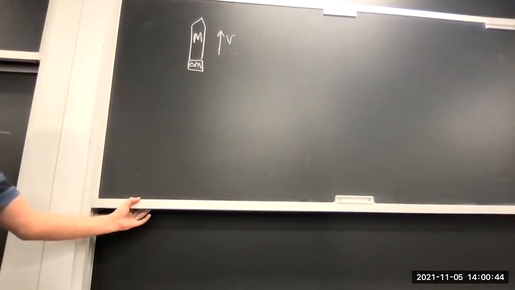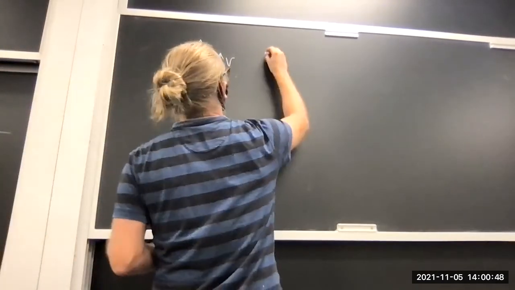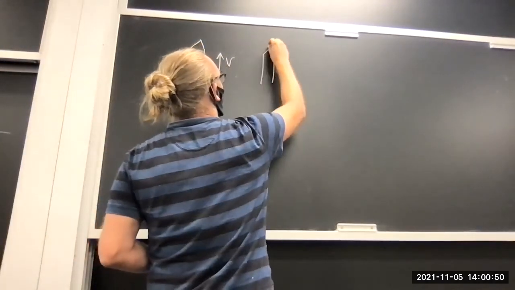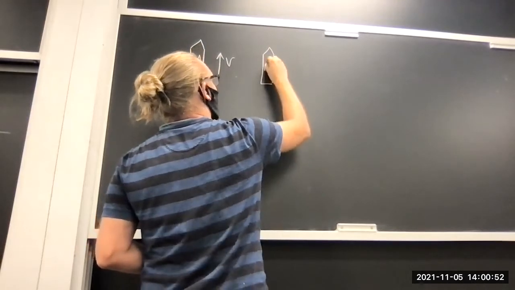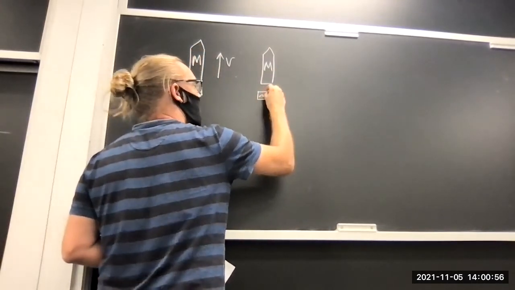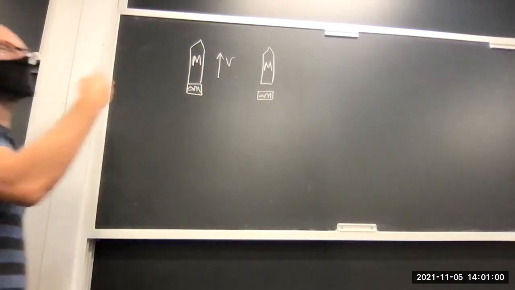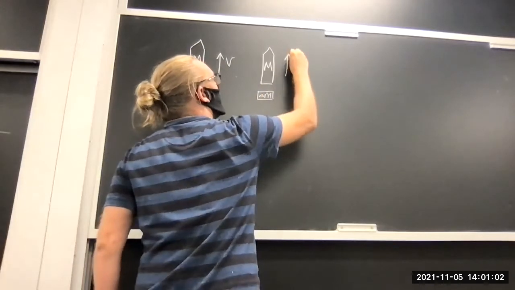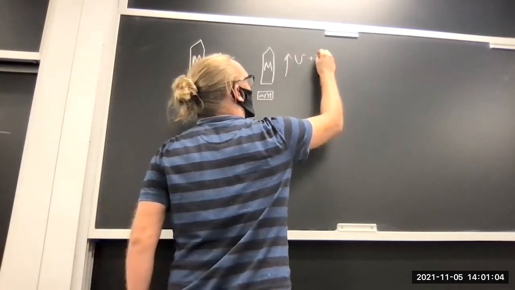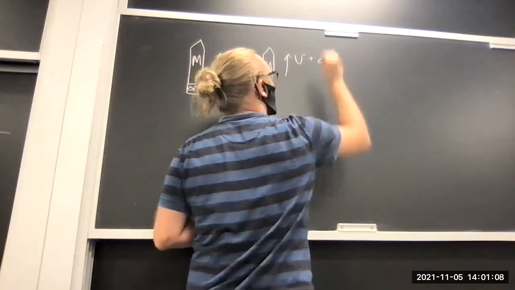Not too complicated. Then at some point later, I still have my rocket moving with some mass of m, but now this delta m has detached. And because it has detached, I now have a velocity plus, what I call it, plus a little velocity.